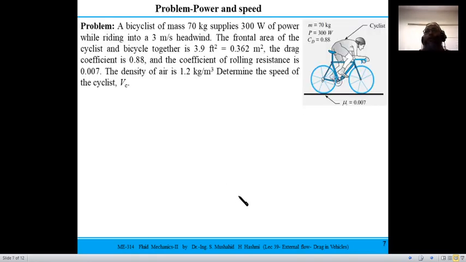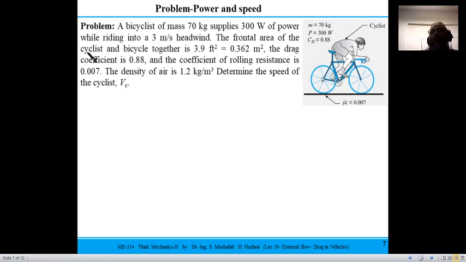Let's take an example. We have a bicycle rider with a mass of 70 kg, actually the combined mass of the cycle as well as the rider, which supplies a power of 300 watts while riding into a headwind. 3 meters per second is the wind speed.